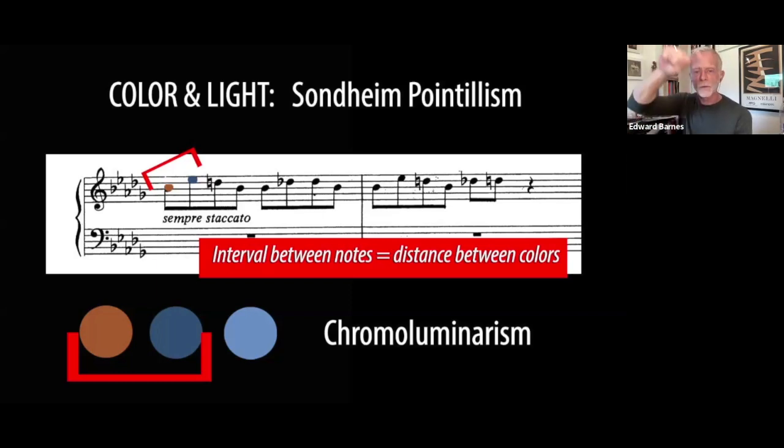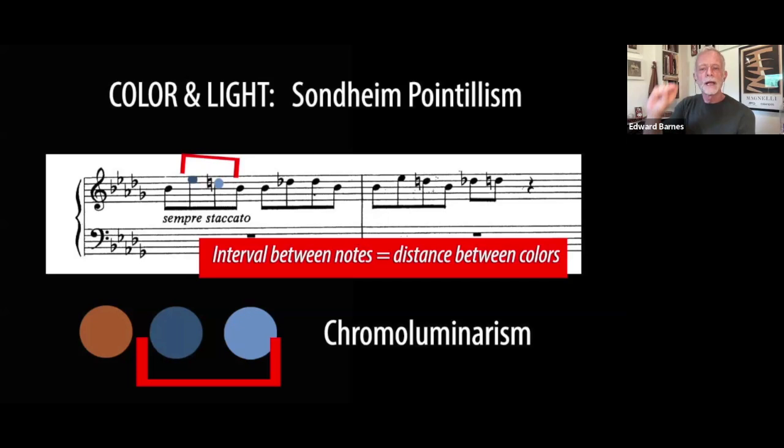So in other words, if you were on a color wheel, the difference between a tan color and a blue color is pretty far. So that interval is also pretty far. But if you look at the distance between dark blue and light blue, that's not very far on the color wheel. So Sondheim uses much shorter intervals, and this is how he's lining up his notes.